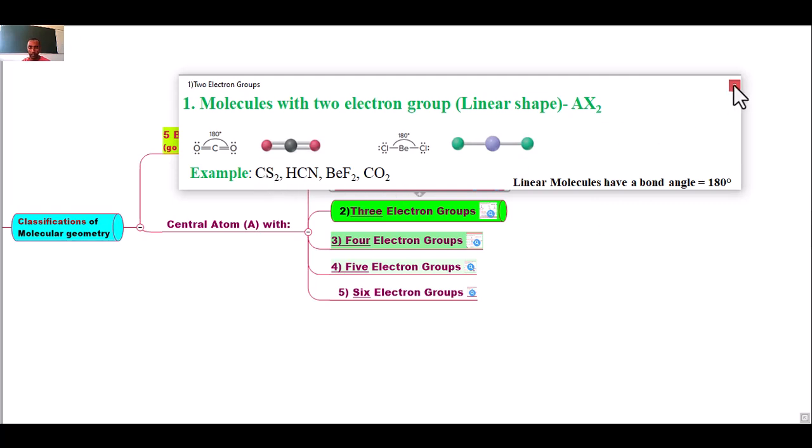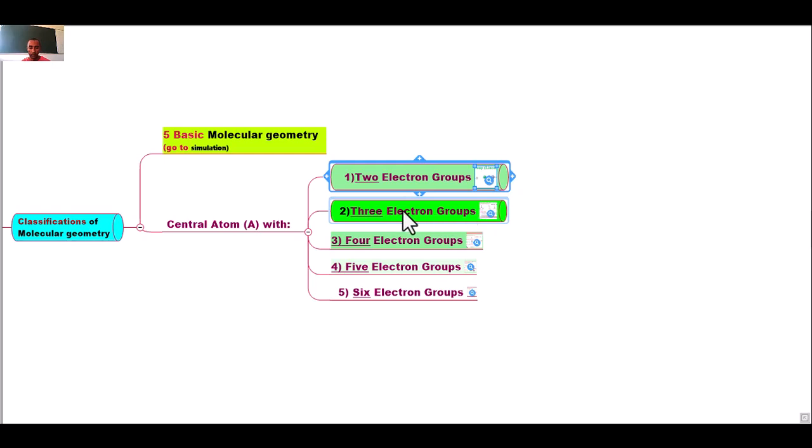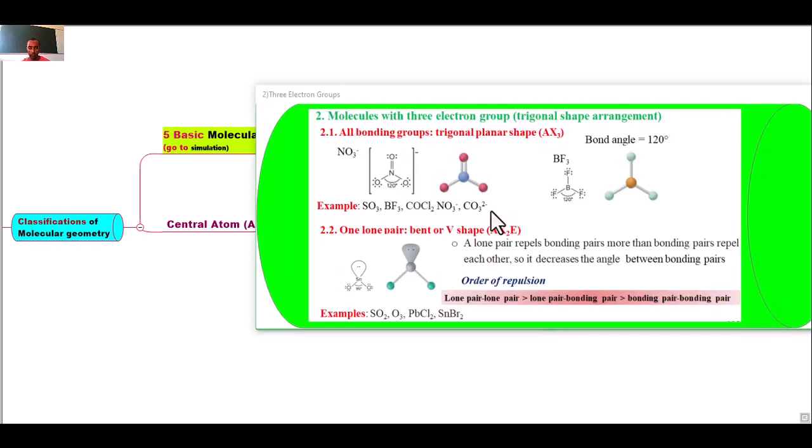And another is this one. If the central atom is surrounded by 3 electron groups, and there is no lone pair at the central atom, and the central atom is surrounded by 3 atoms, this type of arrangement is called trigonal planar. Example, sulfur trioxide, boron trifluoride, and nitrate ion. You can consider this.